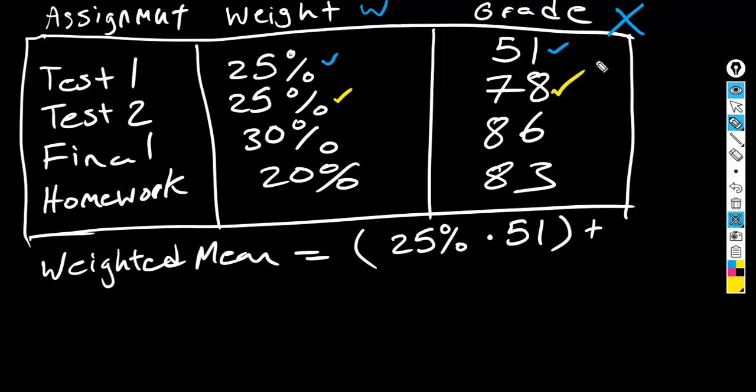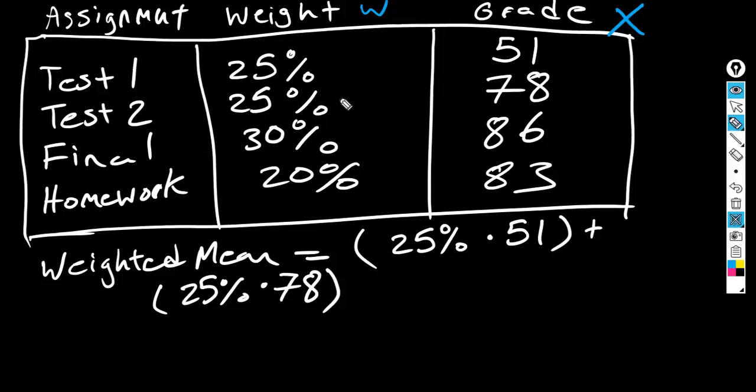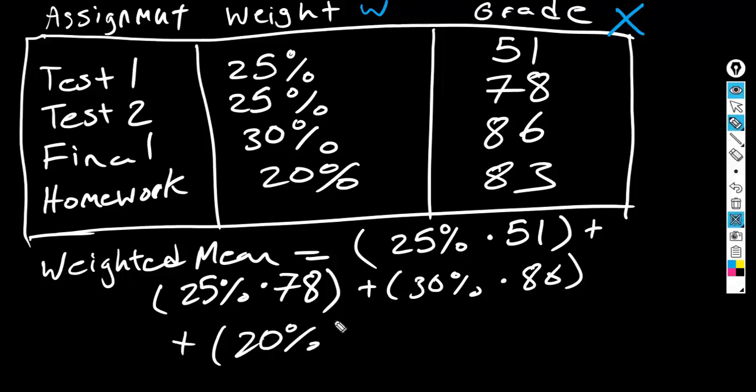Test 2, that's the second grade. So 25% times 78, and so on and so forth. We would then add on our 30% times 86, and then tack on our 20% times 83.